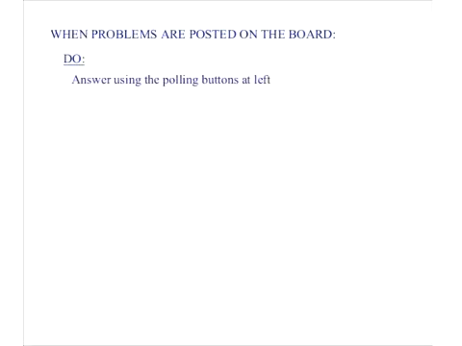When problems are posted on the board, here's what you should do: there's going to be buttons. You should answer the question using the polling buttons at left. Let me take a quick picture of those and show you what those look like.